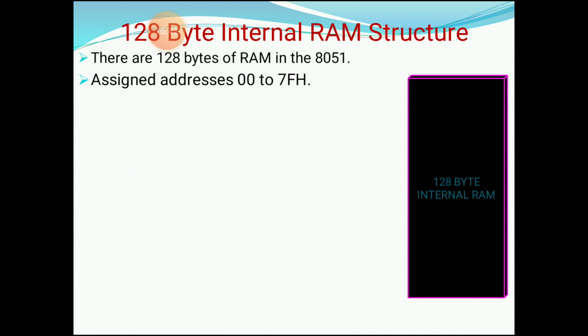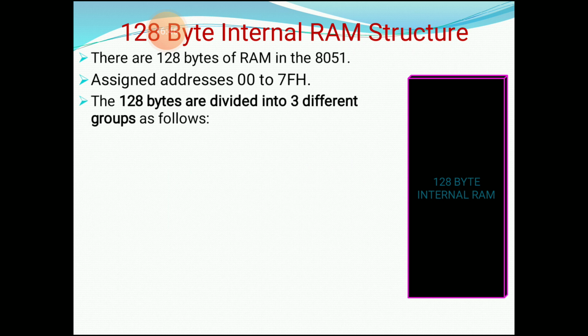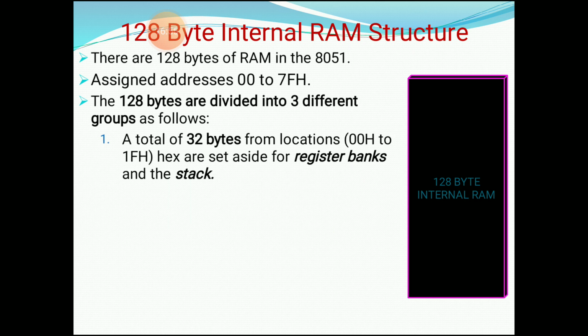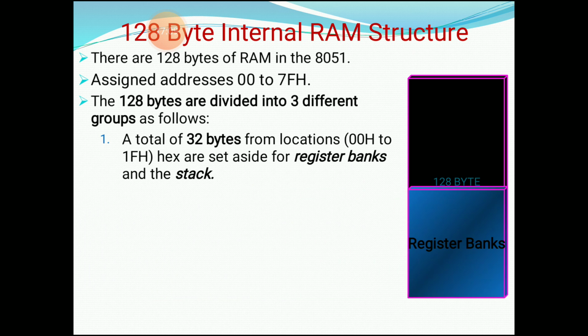Now the 128 bytes of internal RAM, with addresses from 00 to 7FH, is divided into three groups. The first group, a total of 32 bytes from location 00 to 1FH, belongs to the register banks.